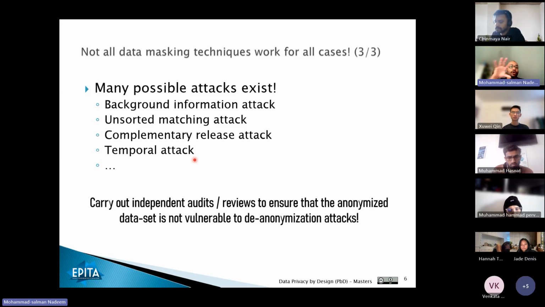So the bottom line, I would say, is that data masking is not the end goal. Once you mask your data, it is essential to assess the masked or anonymized dataset to ensure it is not vulnerable to any of the known re-identification attacks.